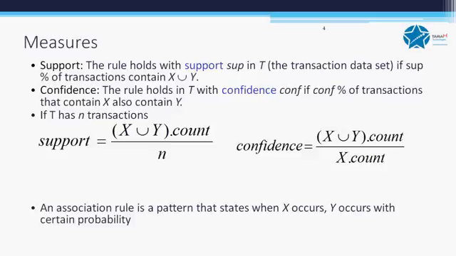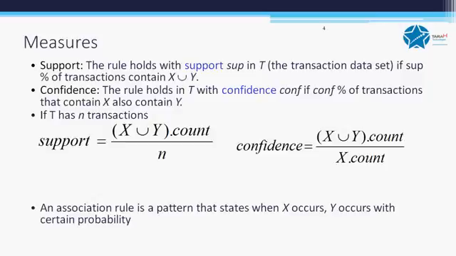Support is basically the percentage of transactions, a set of transactions, which contain the entire set X union Y. So it's basically the subset of the large number of transactions which have both X and Y together.